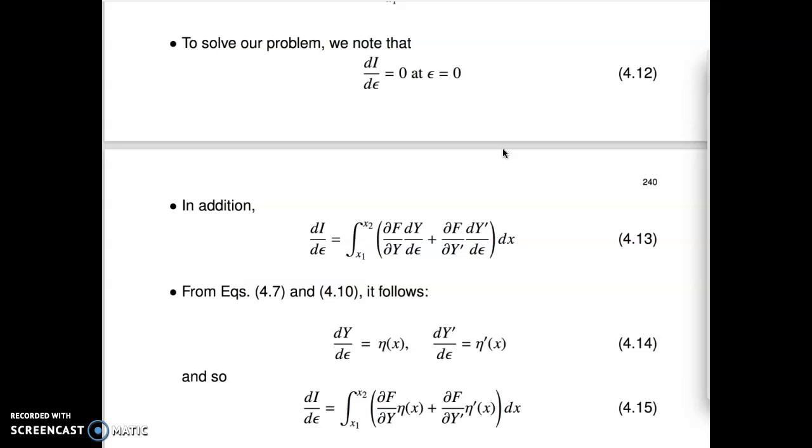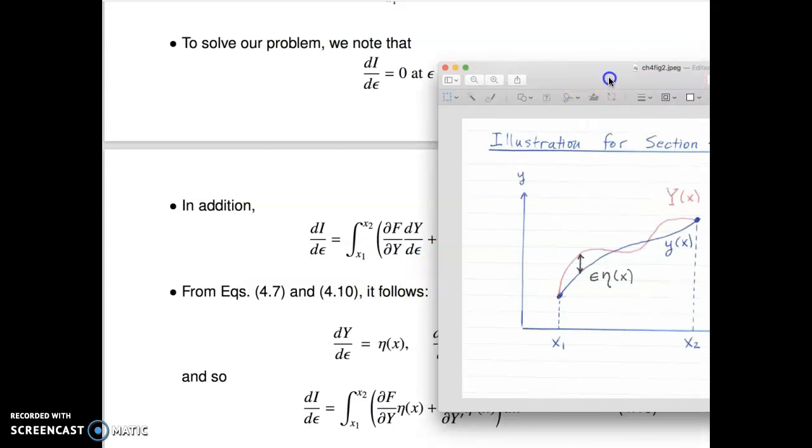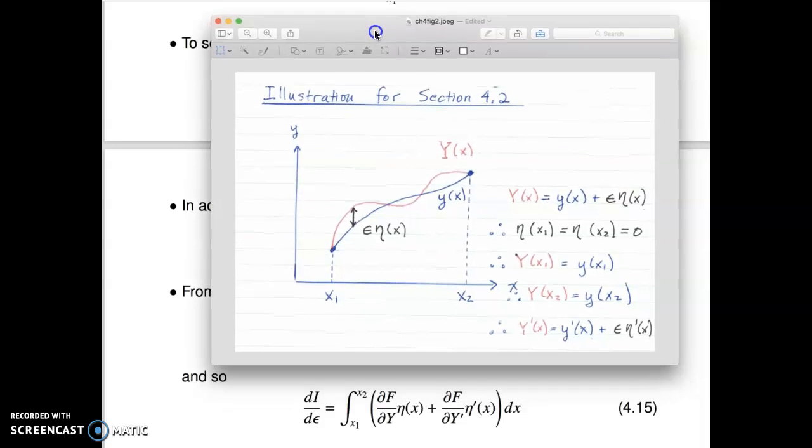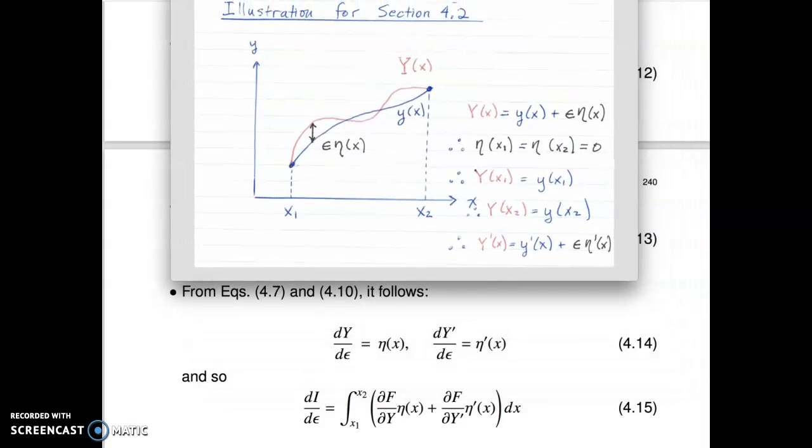So continuing on, let me just borrow this figure over here. D big Y by d epsilon is simply equal to eta of x, and that's what we have here.